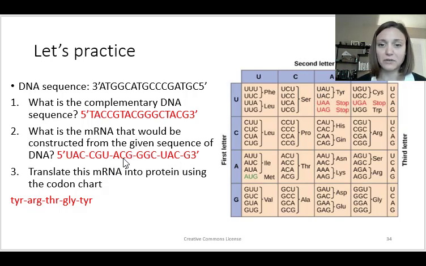ACG right here, this codon. A right here is our first letter. Go over to C. And our third letter is a G, ACG. THR, that's threonine. Okay, so there's our next amino acid. GGC is our next codon. So G is our first letter. G is also our second letter, and then C is our third letter.